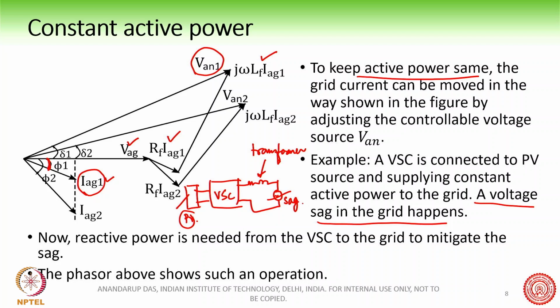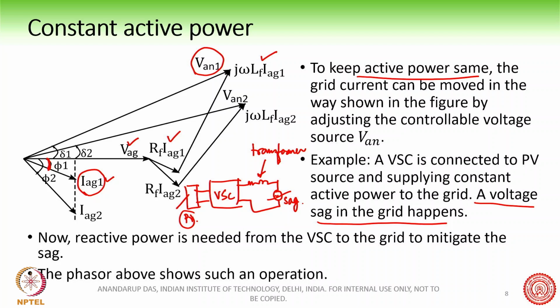This is coming as a standard. In most modern standards, it is a requirement that if there is a sag in the three-phase grid, for a certain duration and for a certain magnitude of the sag, a certain amount of reactive power must be injected from the VSC into the grid.